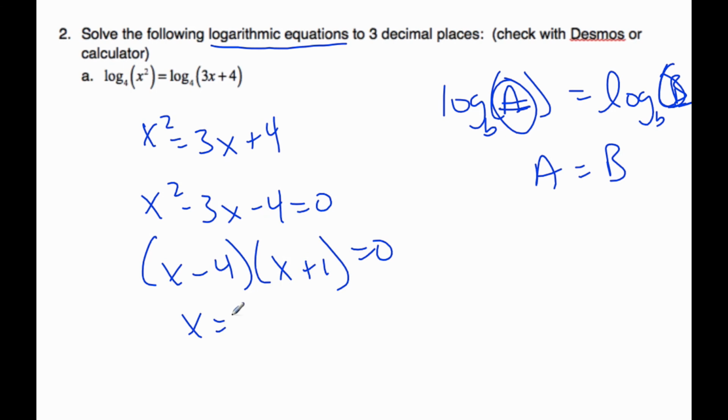So the x is 4 or the x is minus 1. Now, I have to make sure my answers work. If I put negative 1 in there, that's negative 3 plus 4. That is a positive value, that's okay. And that is also positive. If I put 4 in there, I get a positive, and it is all good. So I have two answers in this case. I keep them both.